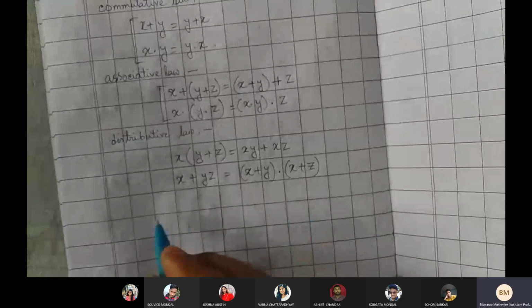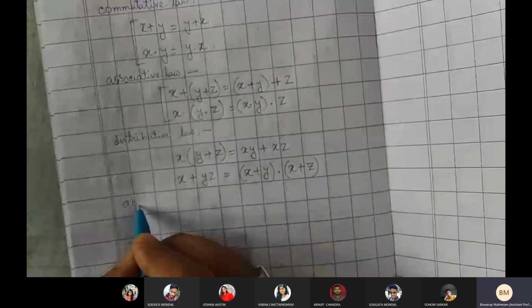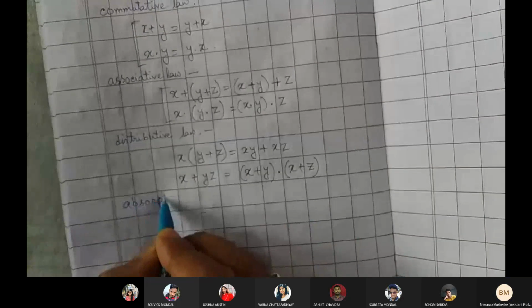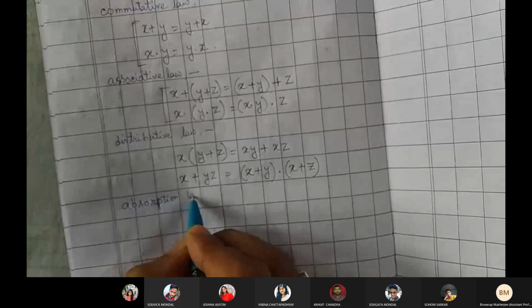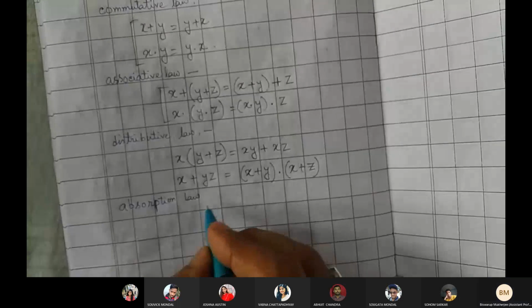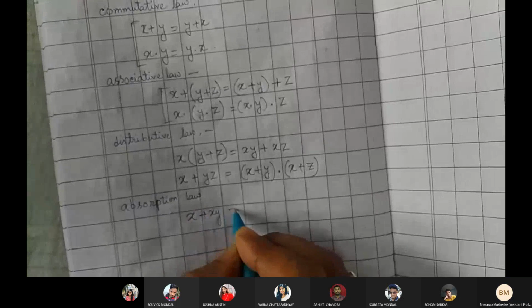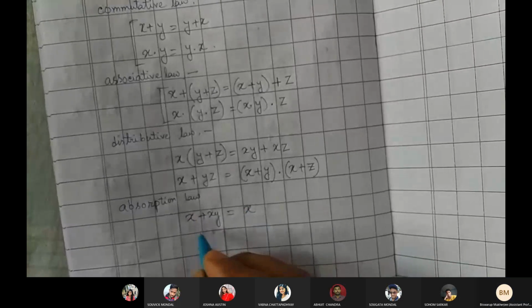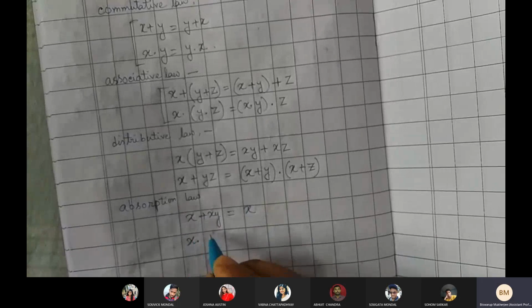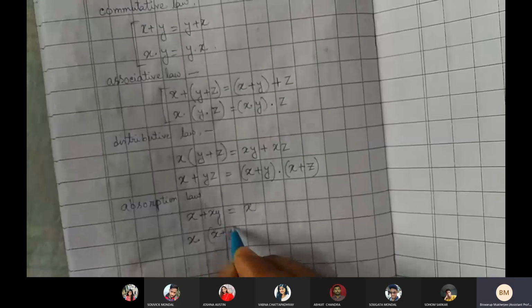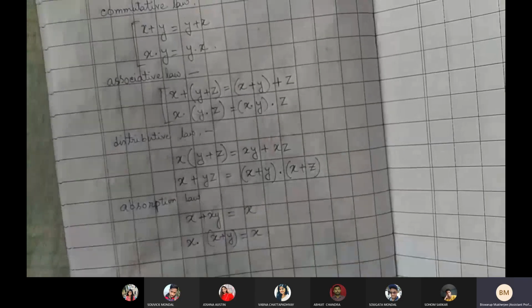Like this, you can have absorption law. That is x plus xy is equal to x and x dot x plus y also equal to x. Okay.